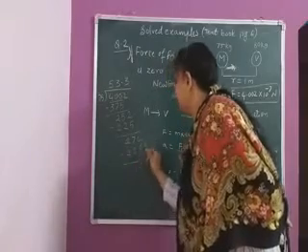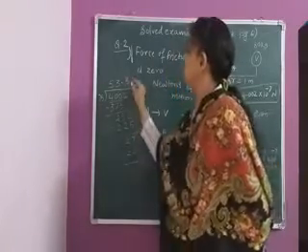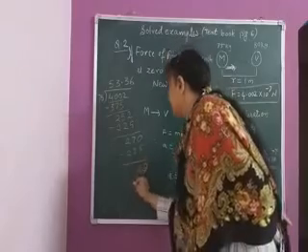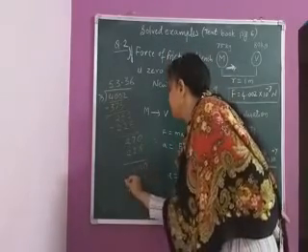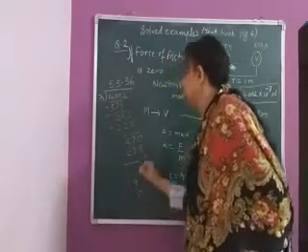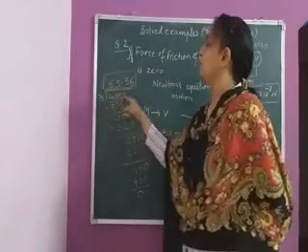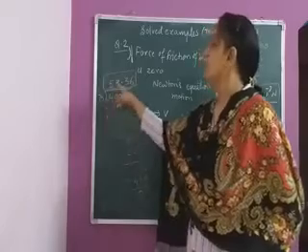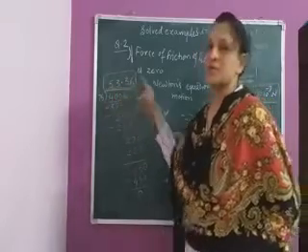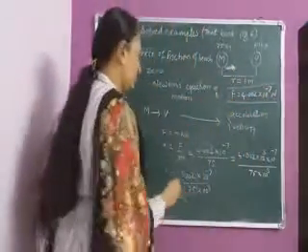Take 0 down, and this is finally 6, 450, remainder 0. So what is the quotient of 4002 divided by 75? 53.36.